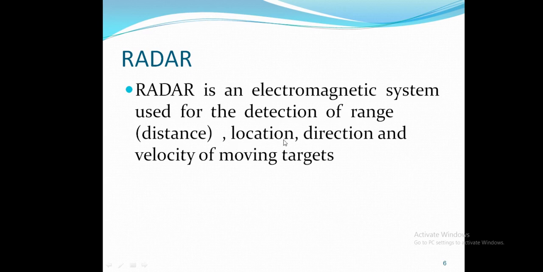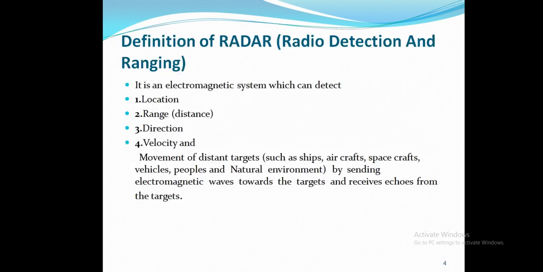Next, location, direction and velocity of the moving targets. Radar is an electromagnetic system used for the detection of range, that means distance, location, direction and velocity of the moving targets. Okay. So these are all the definitions of radar.